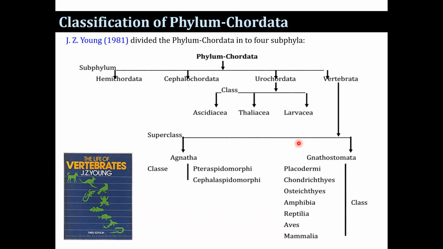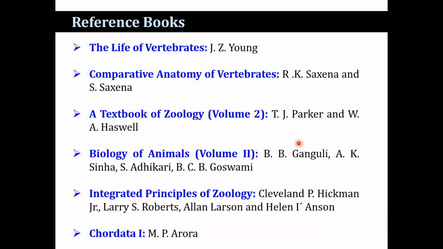Whereas the Vertebrata, that is the Craniata, is divided into two superclasses: Agnatha and Gnathostomata. The Agnatha contain Pteraspidomorphi and Cephalaspidomorphi, whereas the Gnathostomata contain Placodermi, Chondrichthyes, Osteichthyes, Amphibia, Reptilia, Aves and Mammalia.